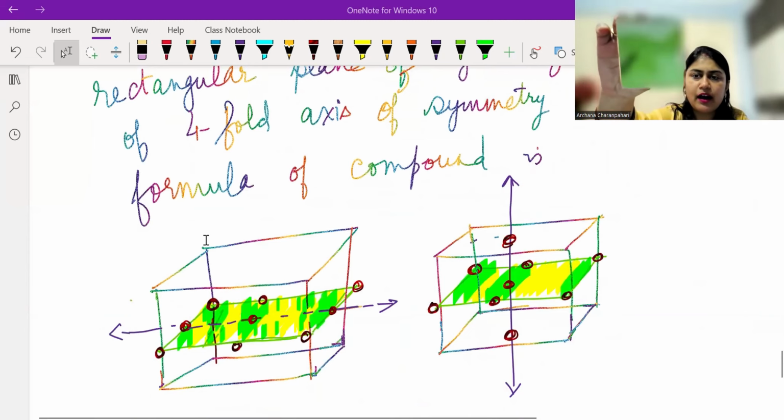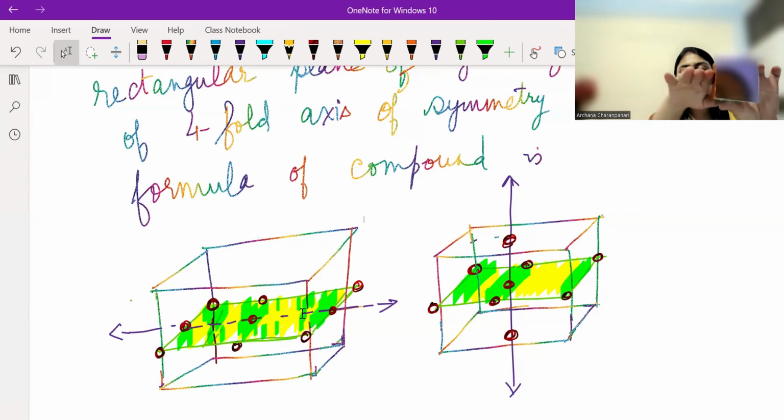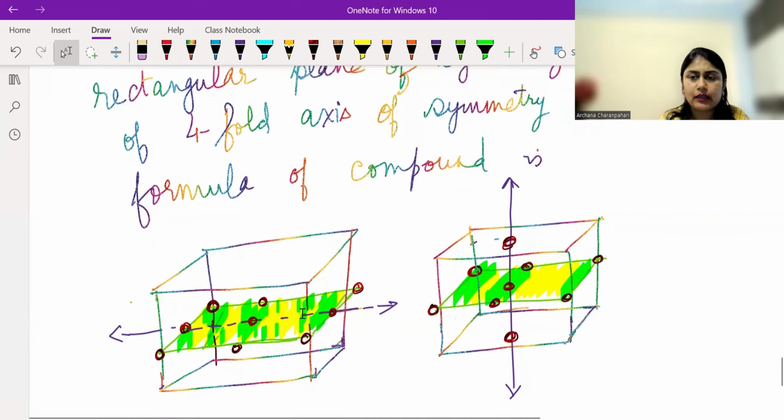The same cube I have drawn in 2 dimensions. So you have this cube, and it is said that one of the rectangular planes of symmetry, which will be dividing the cube into half, and one fourfold axis of symmetry, right? The atoms are removed from those.